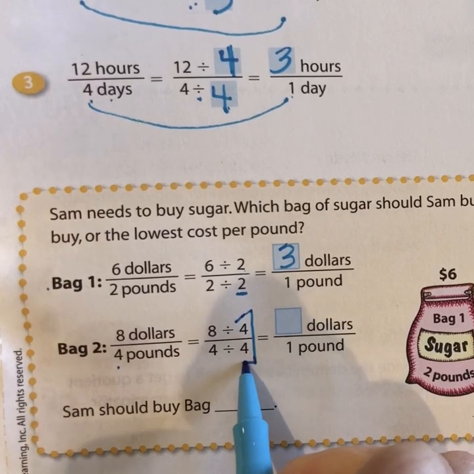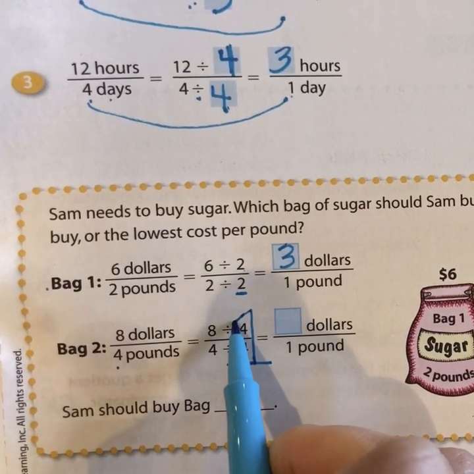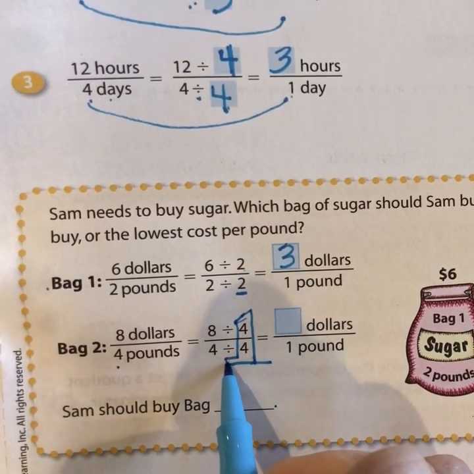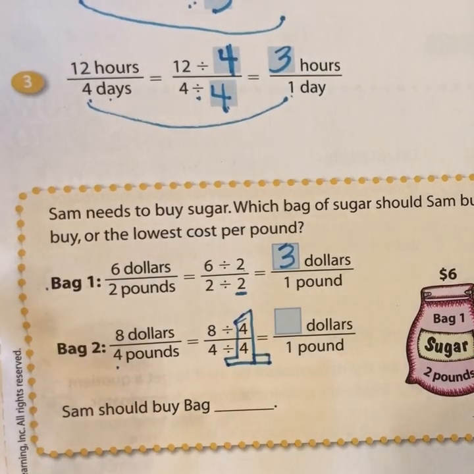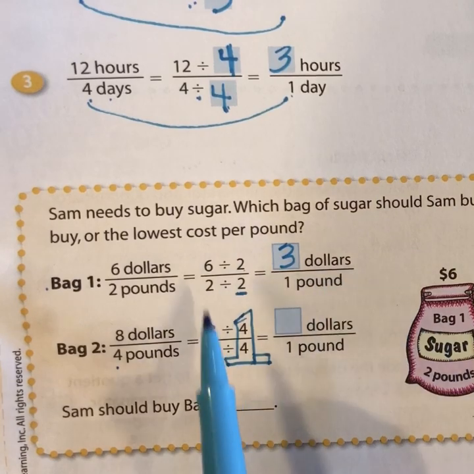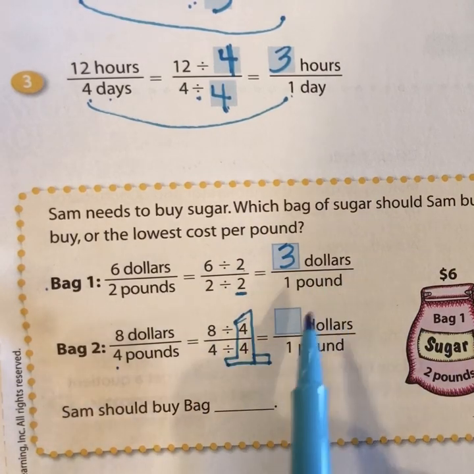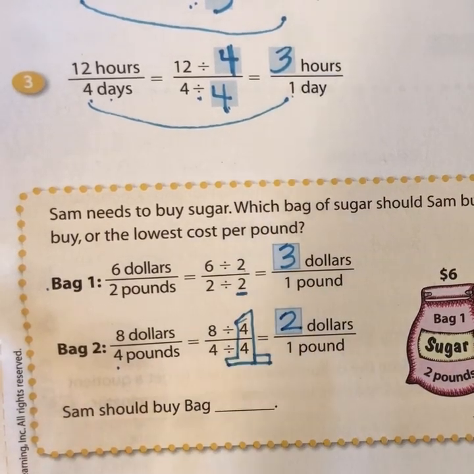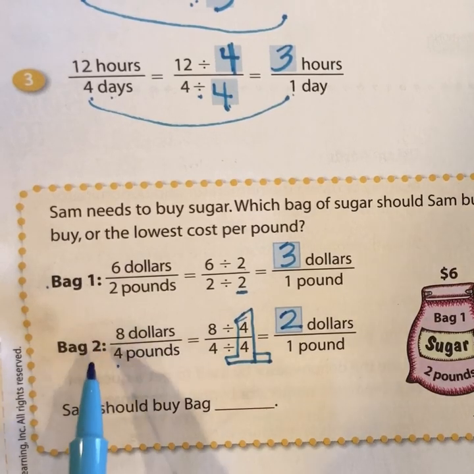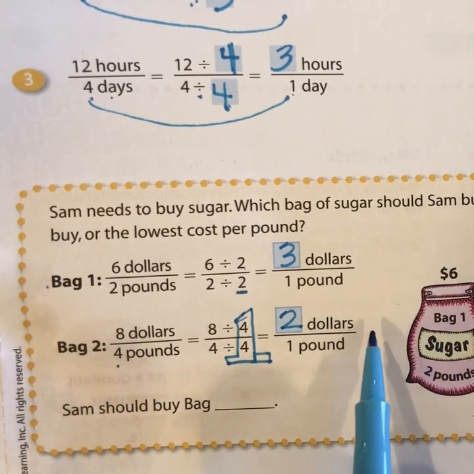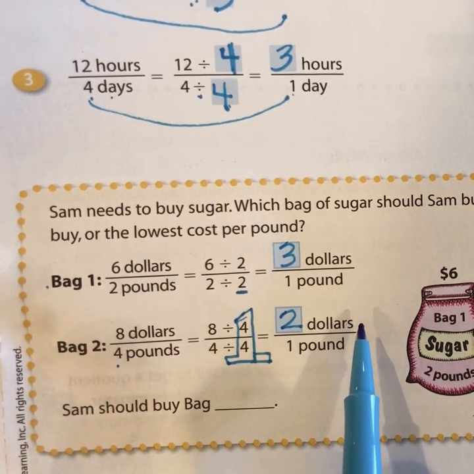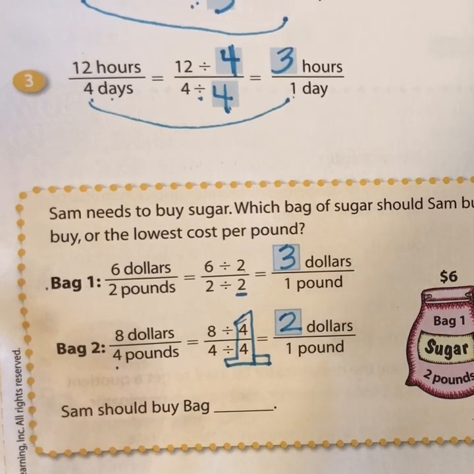Because this is really, I'm going to make a 1 here. 4/4 is really 1. That's what I mean when I say that. Okay, so 8 divided by 4 is what? 2. So bag number 2 is $2 for 1 pound.